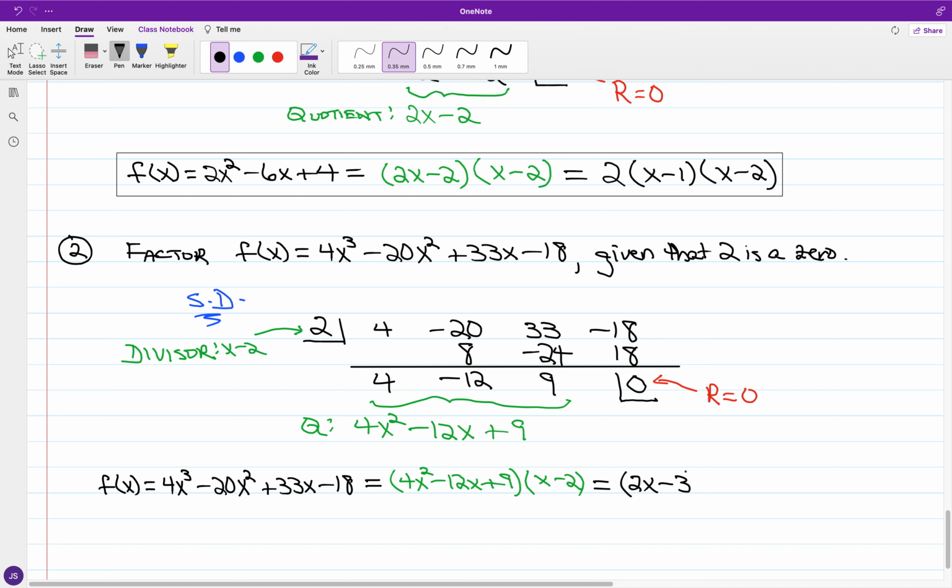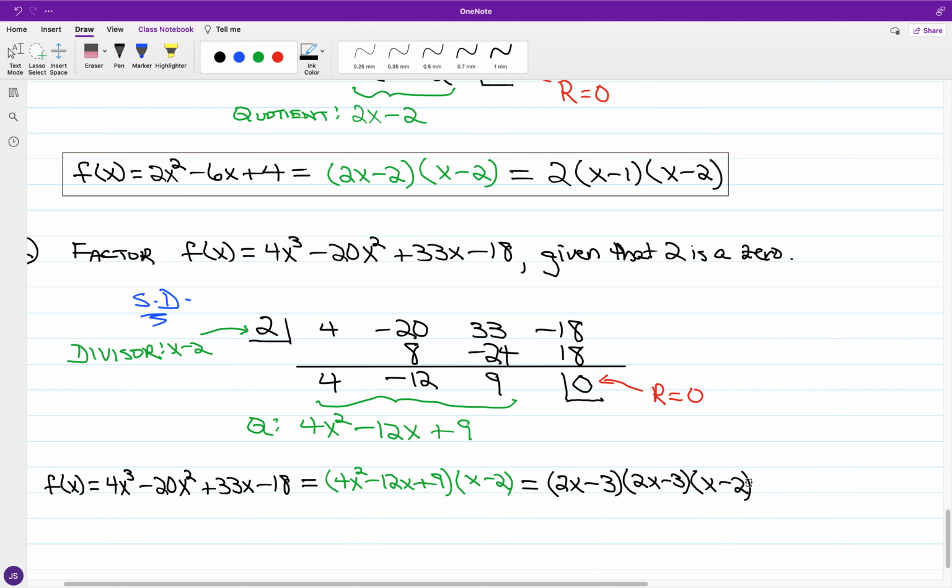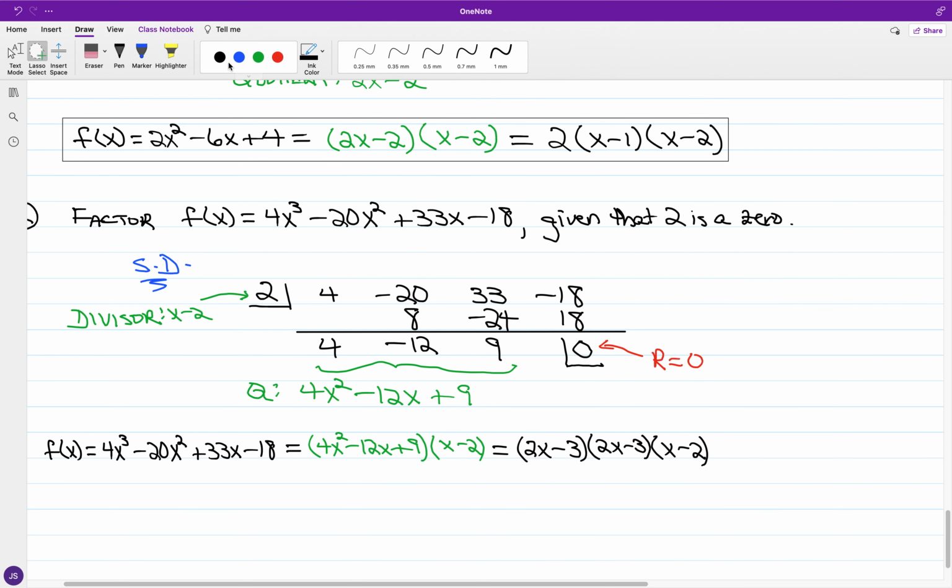Kind of like establishing from factoring by grouping. And again, just condensing. Notice we have a repeating factor with 2x minus 3. Having the factor show up as repeating, I'm just going to apply raised exponents.